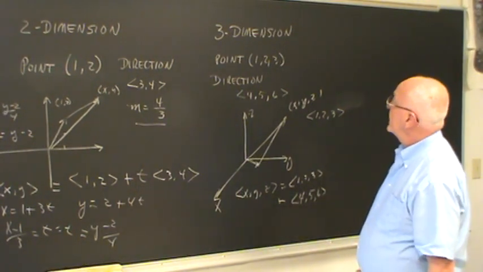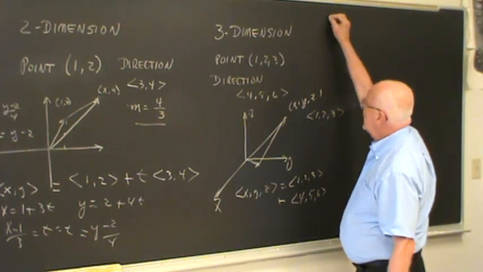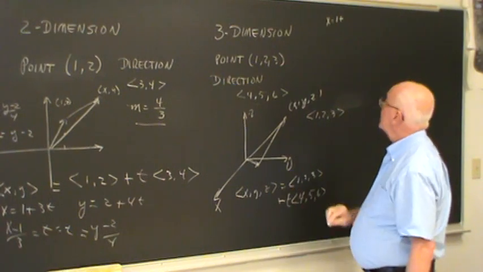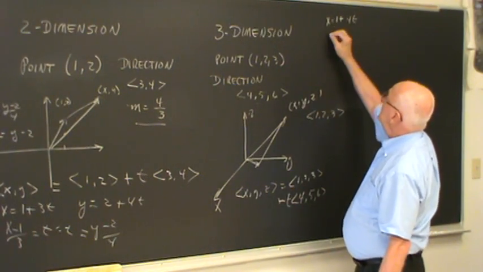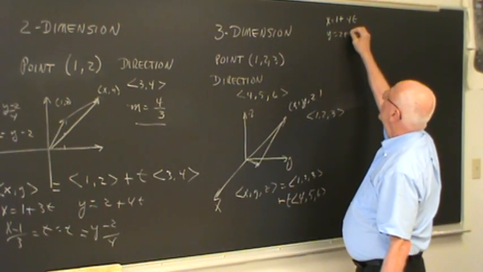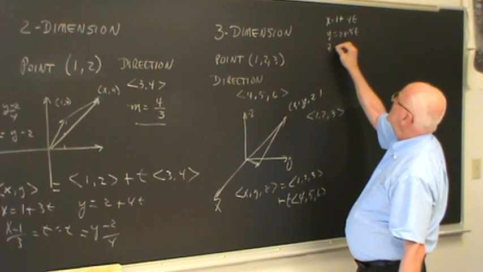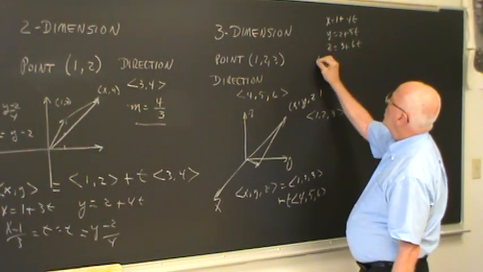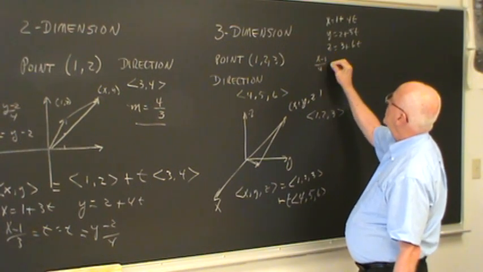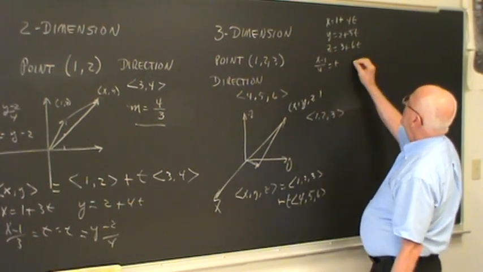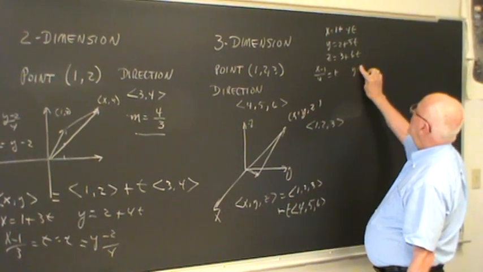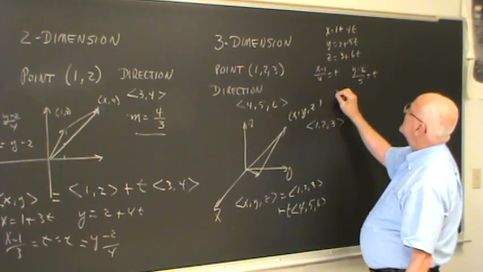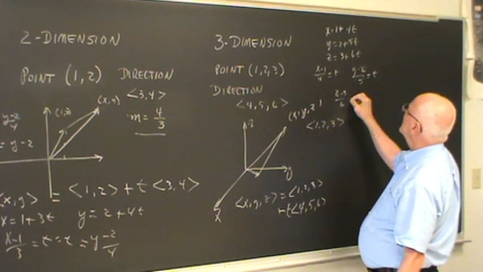Which gives us the vector equation, x equals 1 plus, got to multiply by t, 4t, y equals 2 plus 5t, and z equals 3 plus 6t. Or x minus 1 over 4 equals t, y minus 2 over 5 equals t, and z minus 3 over 6 equals t.